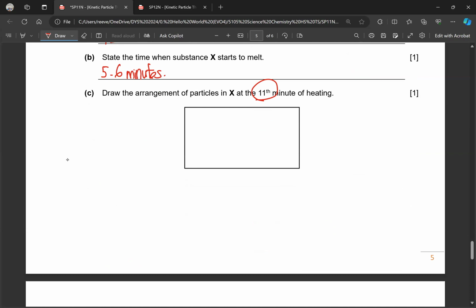I taught last lesson, right? You start the circle in the middle. Liquid is easier to start from the middle. Why start in the middle? Because then I can purposely draw the next circle a bit lower, and after that, I purposely draw the next circle much higher.